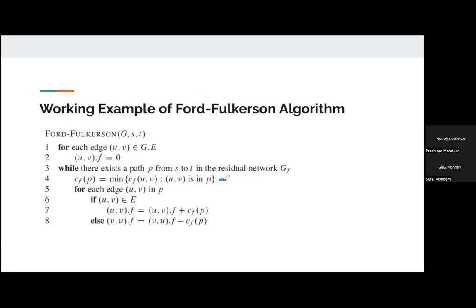The flow is then modified by either incrementing it when the residual edge exists in the original graph and decrementing it when the edge does not. This process of flow augmentation is carried out by iteratively finding augmenting paths using a depth first search strategy until there are no more augmenting paths.